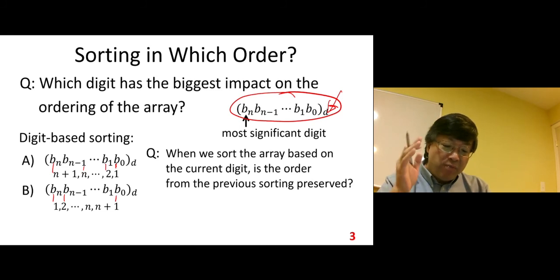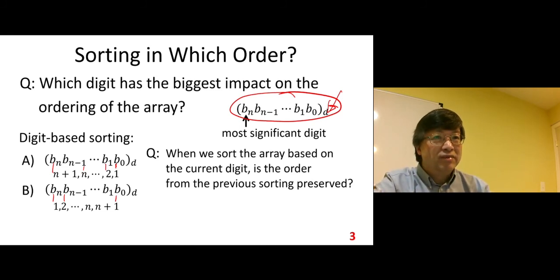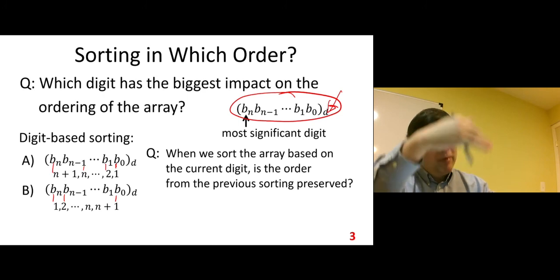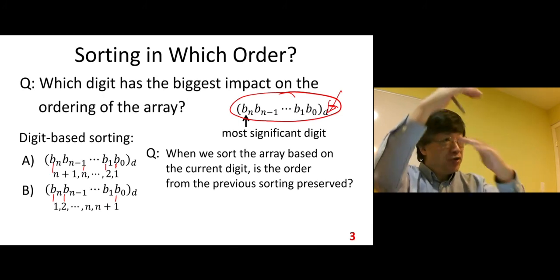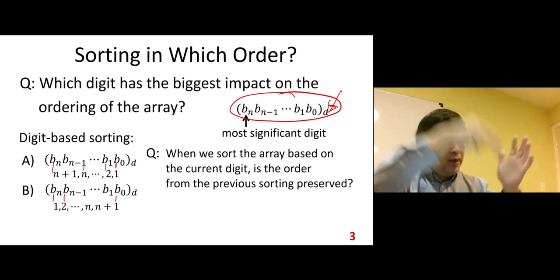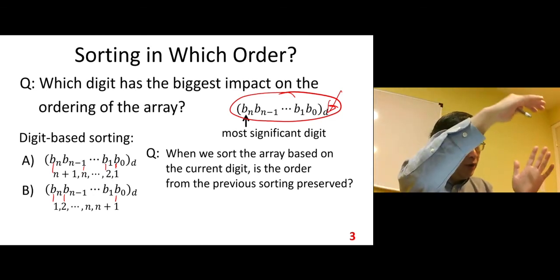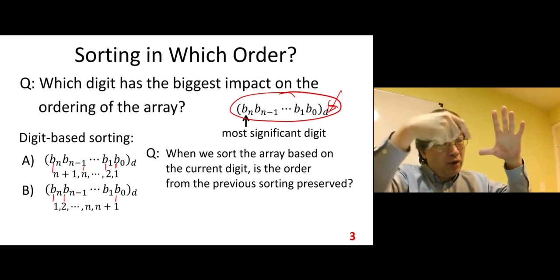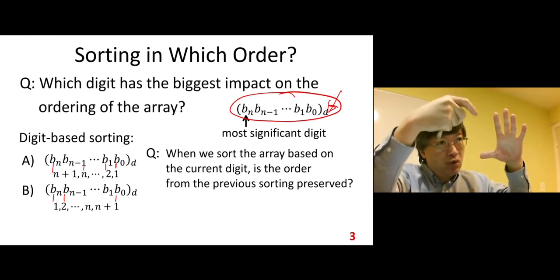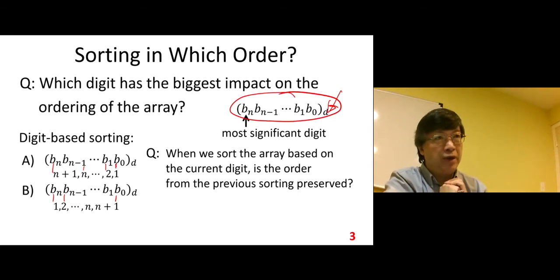When we sort the array based on the current digit, the question is: is the order from the previous sorting preserved? Because every time we sort based on one particular digit, there is an order. The next time we sort based on a different digit, do we preserve the order from the previous sorting? That's the question.